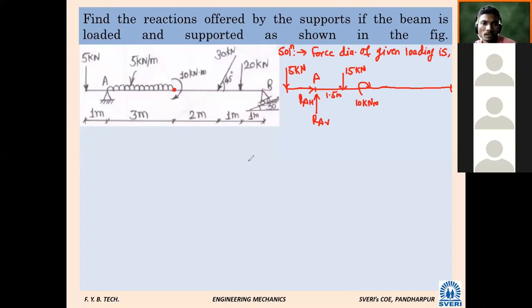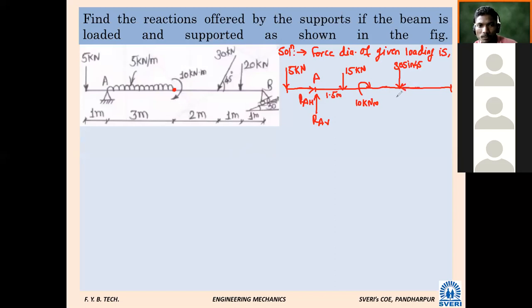Next one, the 30 kilonewton force. If I want to resolve it, what will be its vertical component? 30 sin 45. Its horizontal component is towards right or towards left?